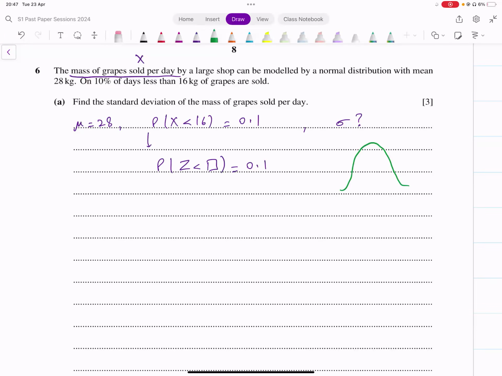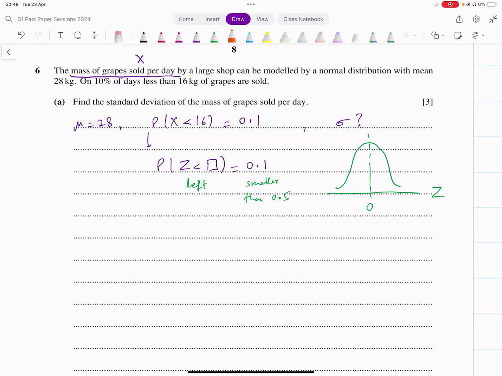This is what the curve looks like. We've got 0 in the middle. It's a Z distribution. We want the area to the left of Z to be smaller than 0.1, smaller than 0.5.